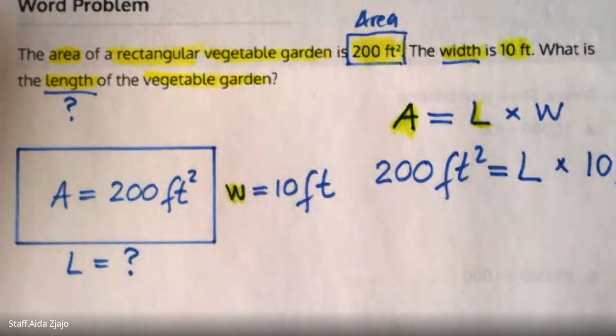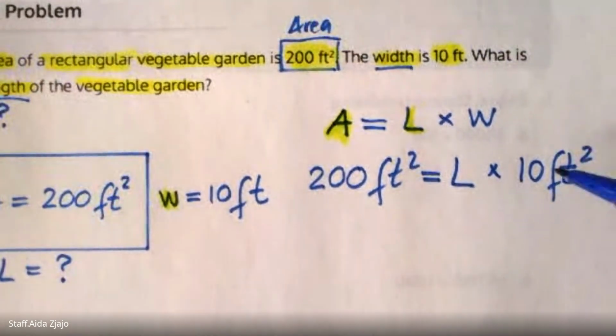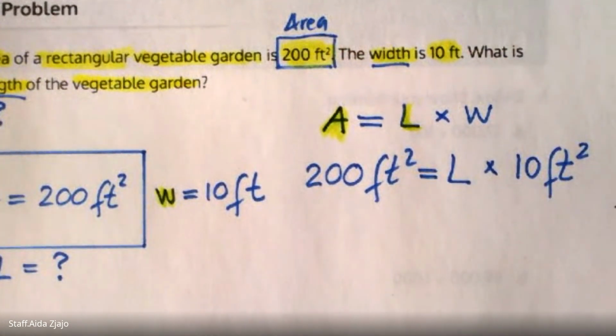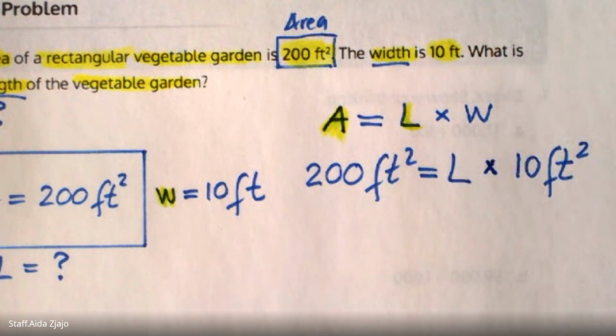Okay, so now when we have multiplication in our problem, the solution is division, because of the fact family: when your operation is multiplication, your solution is division, or when it's division, then your solution is multiplication.